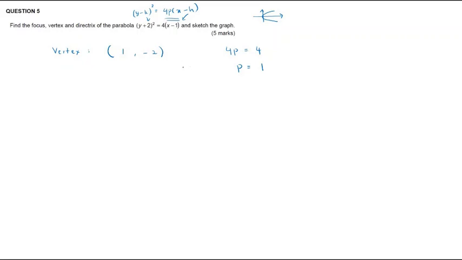The distance from vertex to focus is 1, and from vertex to directrix is also 1. Opens to the right, so move 1 point to the right. Our focus is at (2, -2). For the directrix, move 1 point to the left, and the equation is x equal 0.